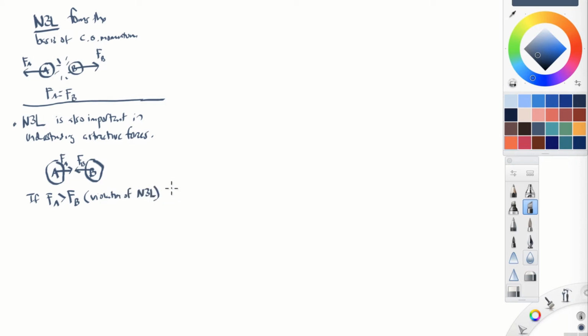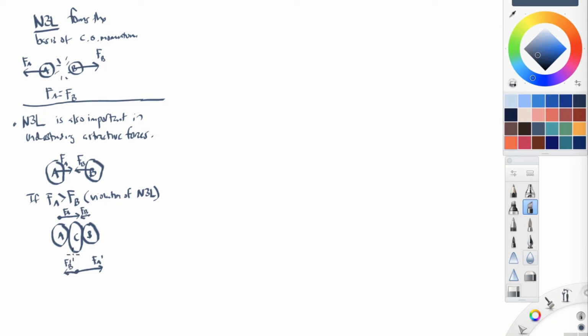What would that imply? What problems would arise if Newton's third law was violated? Well, this is how Newton thinks about this. He says, if, for example, object A feels a bigger force than object B, what would happen if you put another object C between them? Well, I'll draw some diagrams here. If this force that's acting on A is bigger than this force acting on B, then, claims Newton, what would happen? Well, object C, that's in the middle, would feel a bigger force pushing it to the right, we'll call this FA prime, than pushing it to the left.